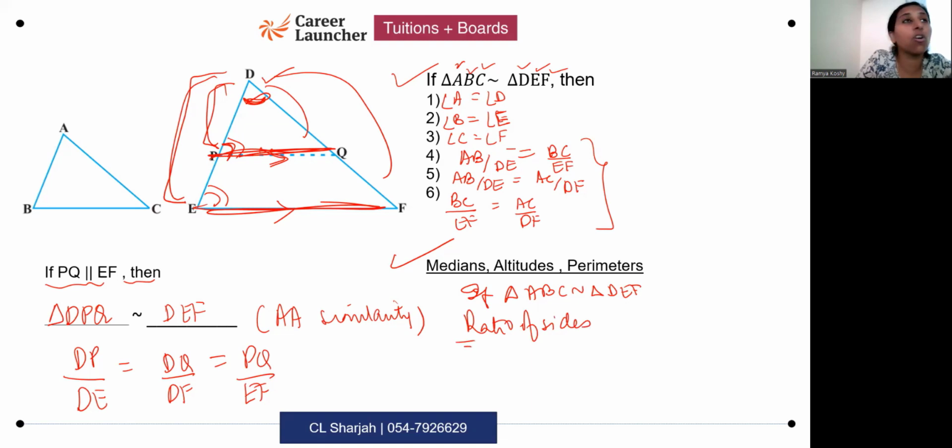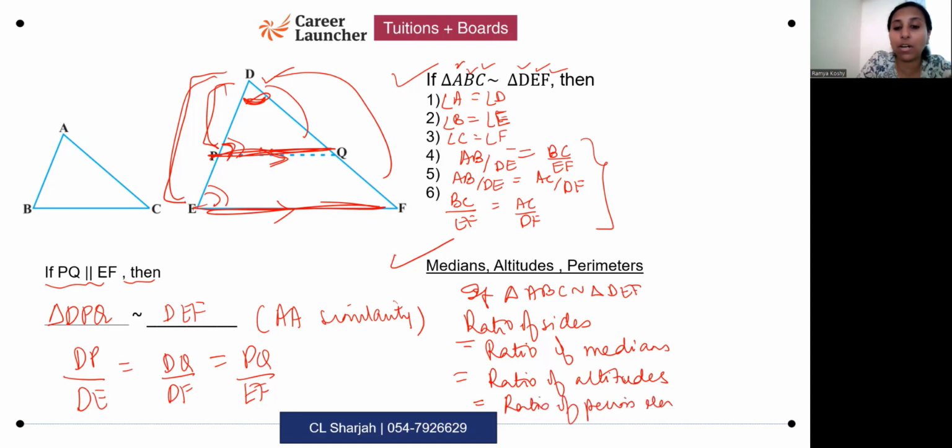The ratio of sides will also be equal to the ratio of medians. We have learned the proof for this in the exercise. Ratio of sides will also be equal to ratio of altitudes, and to ratio of perimeters. Very important concept, even for 1 mark questions.